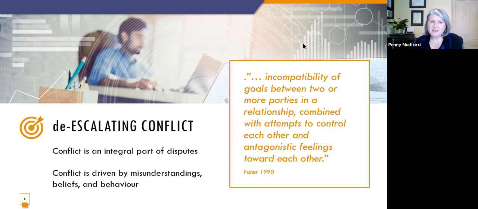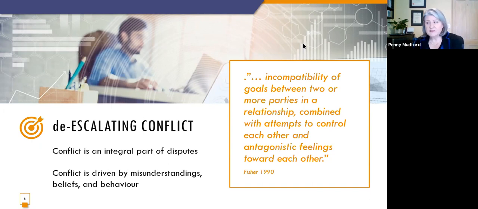So I think to understand the behaviours as being human behaviours set from a contract or a project plan that is about delivering, objectively delivering either a service or a product or a piece of infrastructure, we need to understand a bit more about people to understand why they react in a particular way and why in certain projects the behaviours escalate to the point where there's conflict and disagreement to the point that it actually heads down the dispute pathway.